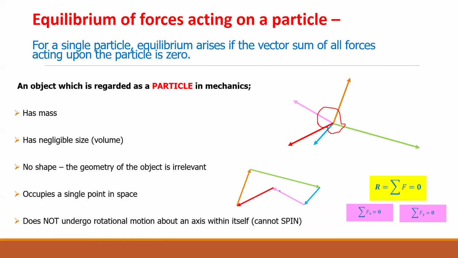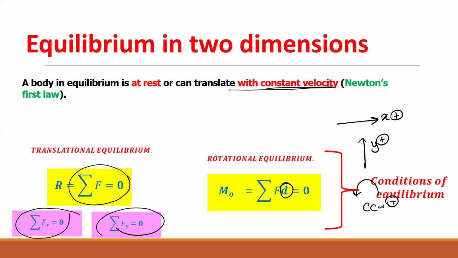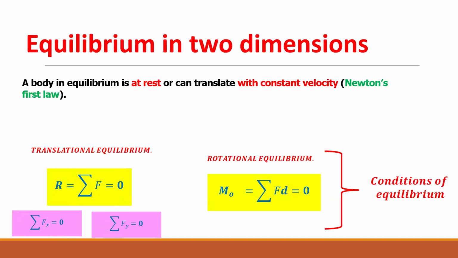Okay, so this rotational equilibrium needs to be considered only when you have a rigid body. When you have a particle model, when you can consider your system of forces as a particle going through a single point, when all the forces are going through a single point, you don't have to consider the moment equation.